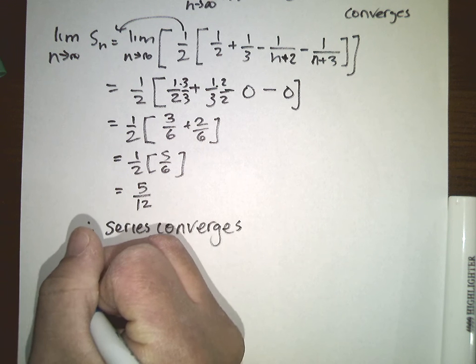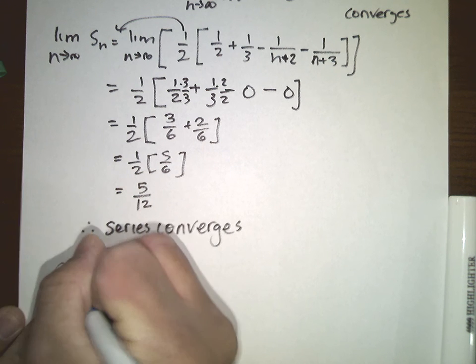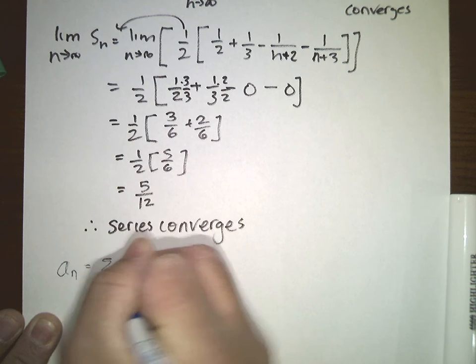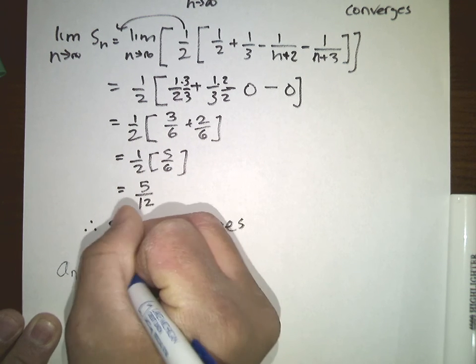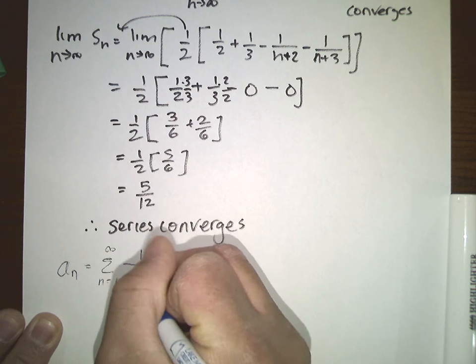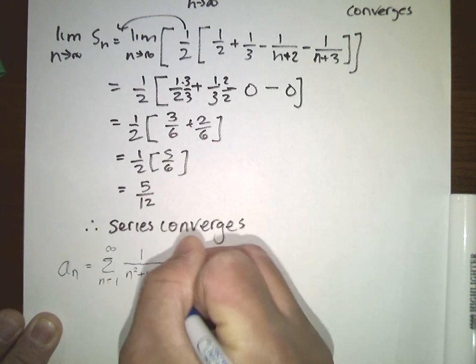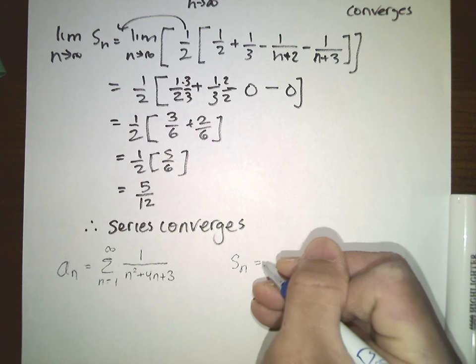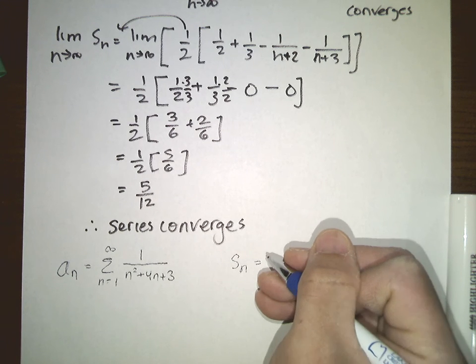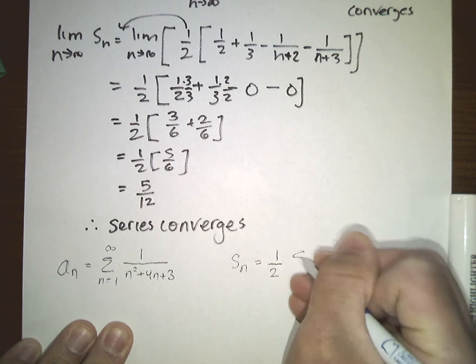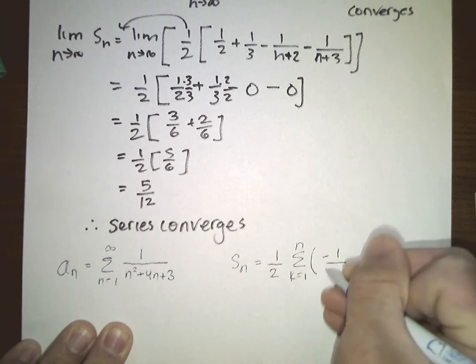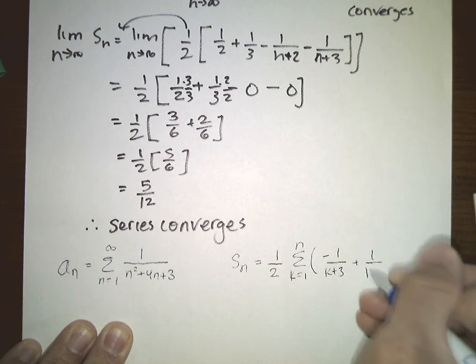So if I wanted to look at my original series, an, which was the sum from n equals 1 to infinity of 1 over n squared plus 4n plus 3, all I looked at was Sn, and Sn was 1 half the sum from k equals 1 to n of negative 1 over k plus 3 plus 1 over k plus 1.